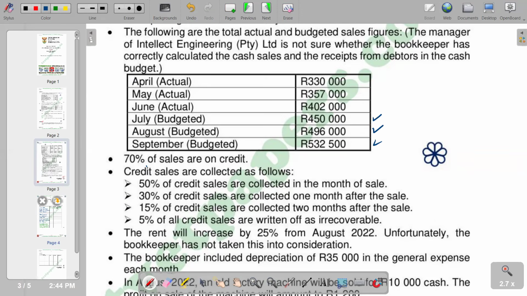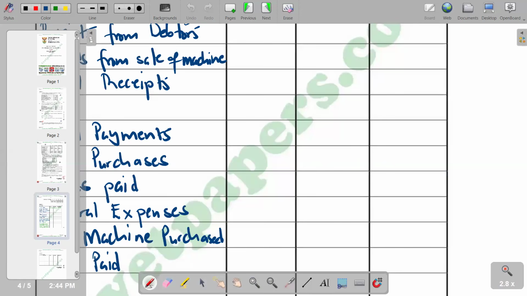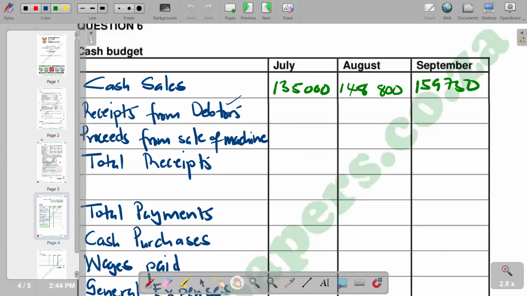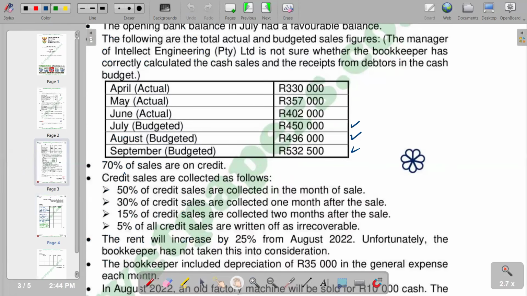We multiply each month's sales by 0.7, the decimal for 70% credit, to get the credit sales for July, August, and September, and then we see what we get.